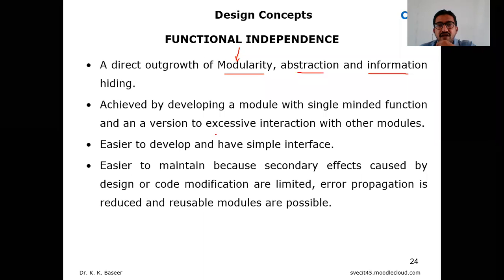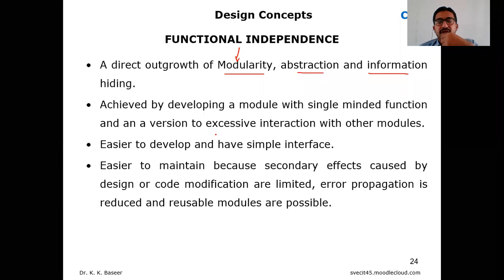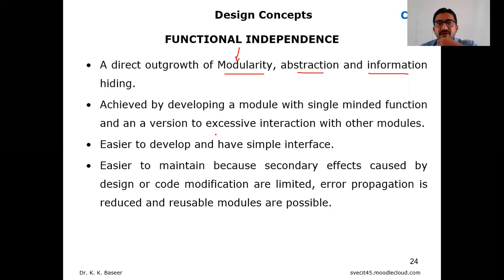Meaning here is, if you divide the total software problem into a number of modules, M1, M2, M3 like this, all the modules M1 to Mn will be independent of each other. Because when you are dividing that problem, you're not dividing the same type of functionality two times. Dividing a problem into modules means the functionality has to vary.